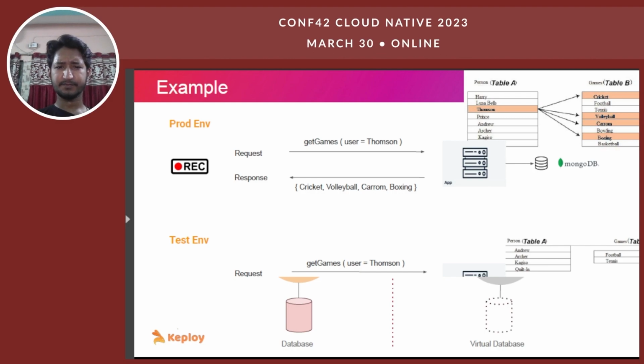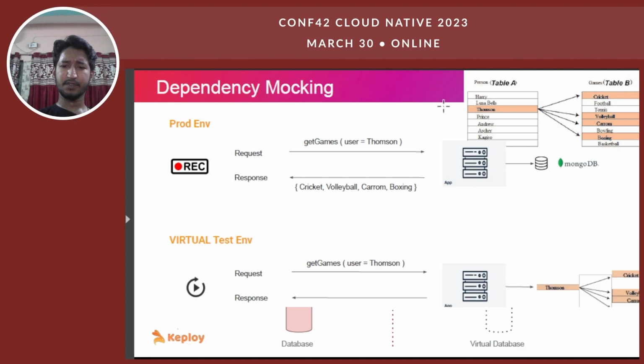Now, in the same example, once we do dependency mocking, instead of maintaining the test database, we maintain a mock. So when we capture the getGame request, we capture the queries and the response that we got from MongoDB and package it along with the test case.